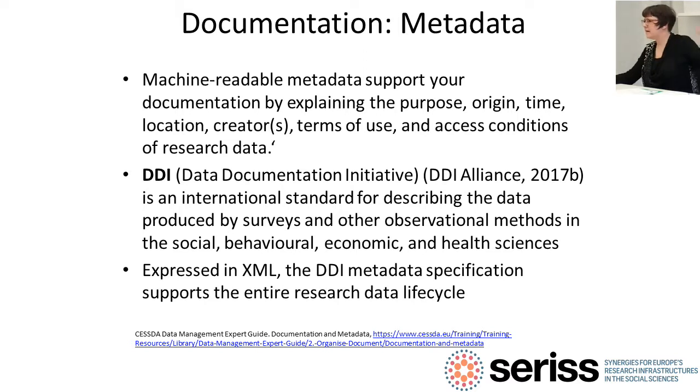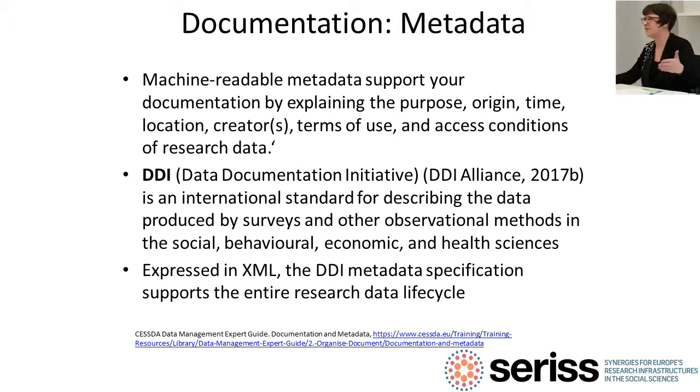So this machine-readable metadata supports your documentation by adding information on the purpose, the origin, time, location, creators of the data, the terms of use of the data, access conditions. All of that is part of the documentation process when you submit to and are accepted by an archive.